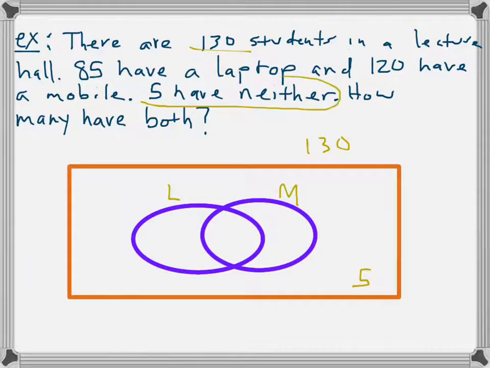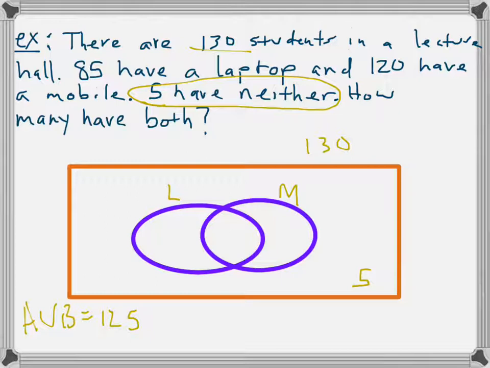Because 5 people have neither. So I'll just call this A union B. A union B has to equal 125. Let's see if I have enough room to write here. I'll switch colors. So if you want to solve this algebraically, some students are a little bit more algebraic minded.